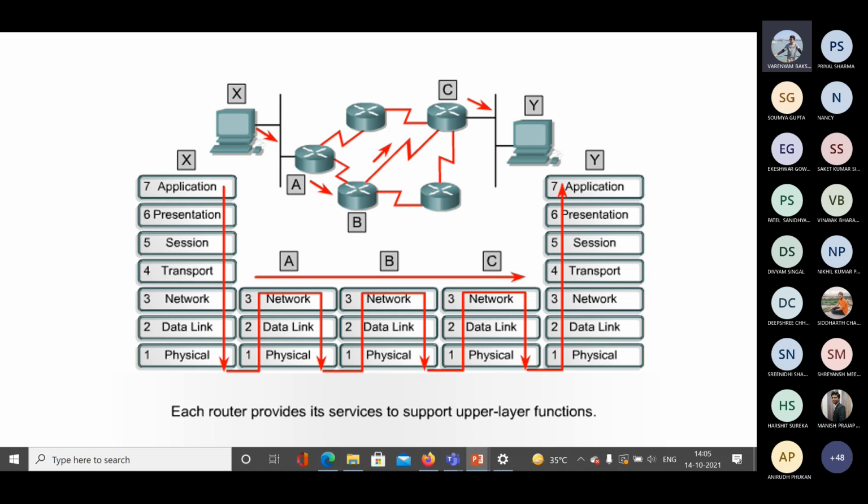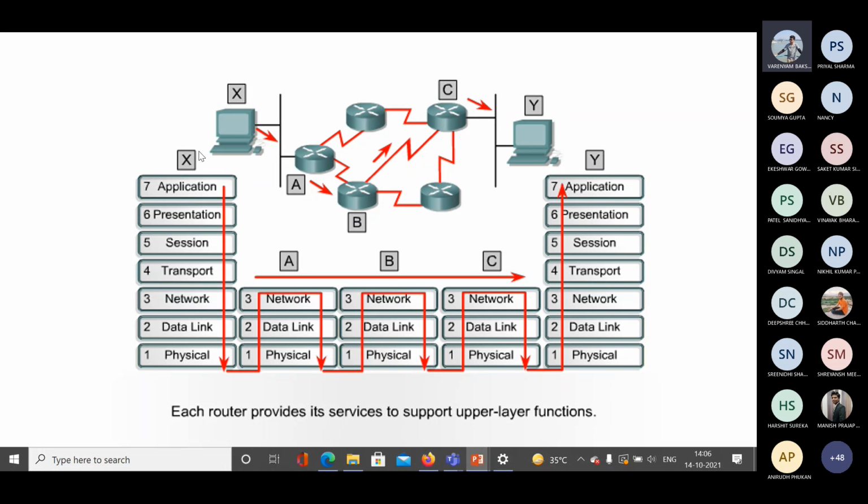When you are transferring data from one host to another host, with each router, suppose X is the source here and Y is the destination.